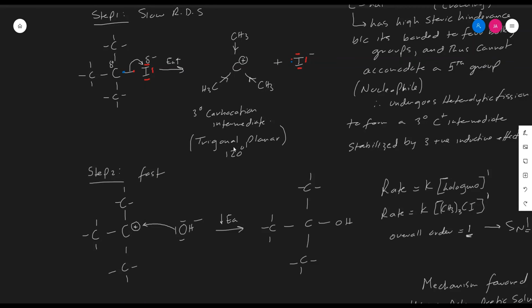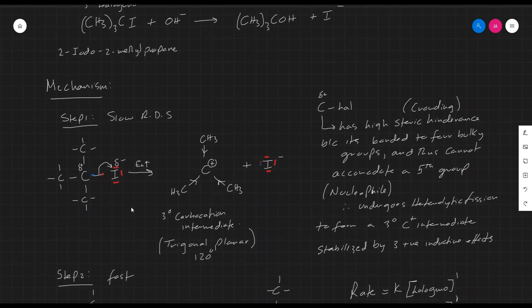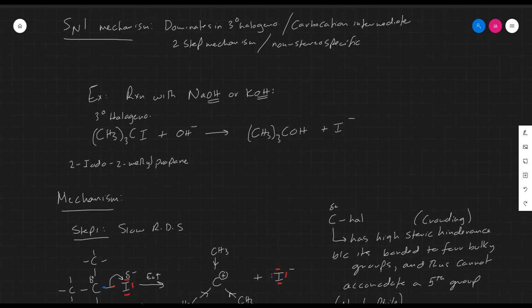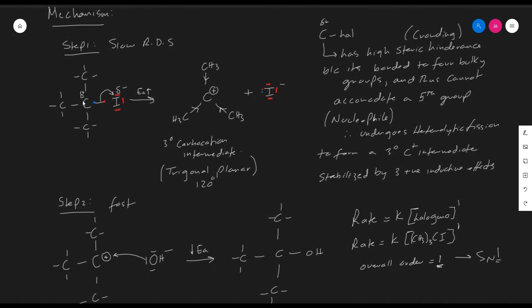It should also be noted, at this point, that when I teach in a classroom, students would come up to me and ask, why doesn't an SN2 mechanism undergo heterolytic fission instead of forming a transition state? If we were to go back to that video and look at the molecule in that case, that molecule is a primary halogenoalkane.